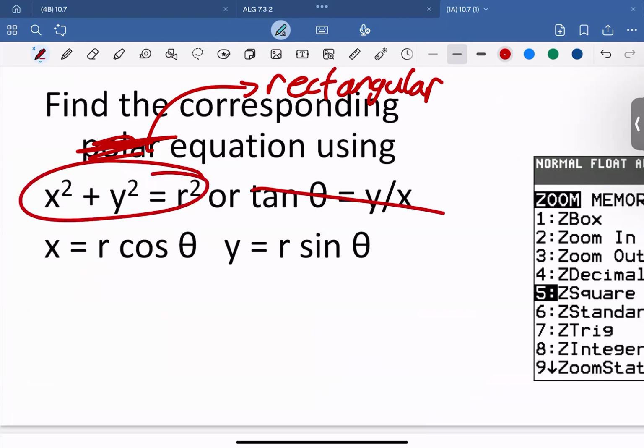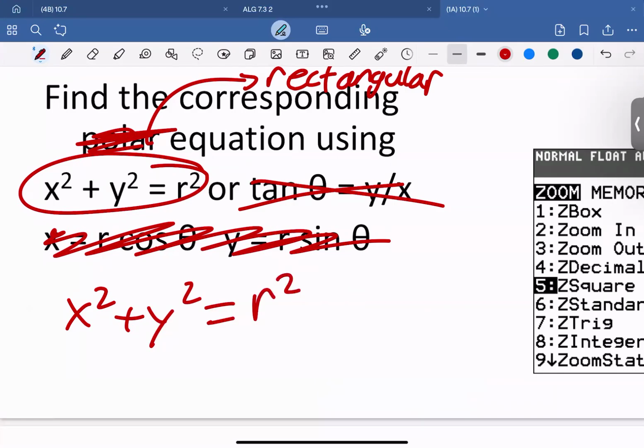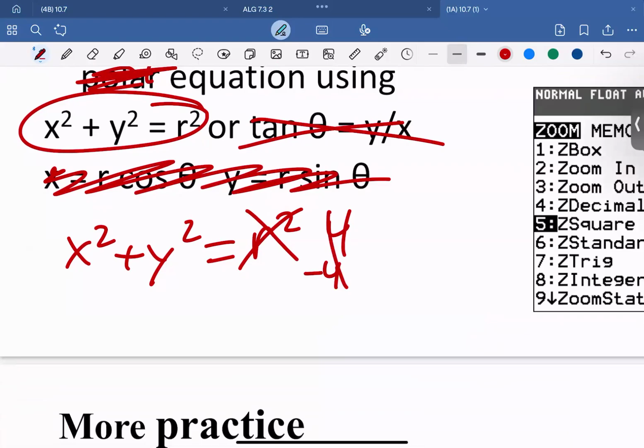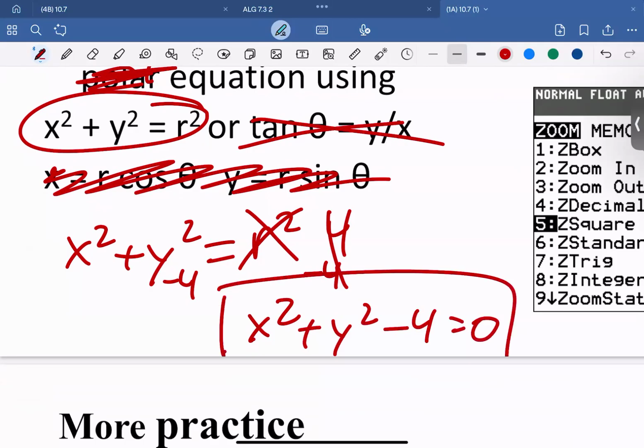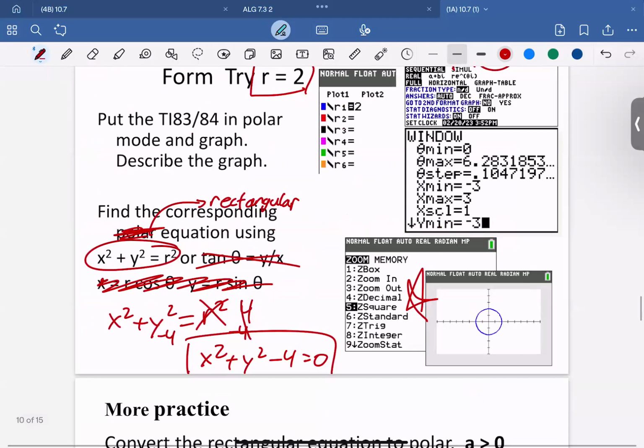These bottom two wouldn't be super helpful, and tangent's not going to be that helpful either because we don't have our theta. But look at this, x squared plus y squared equals r squared. Let's plug in r squared, which gives us 4. And then if we move this over here, we end up with an equation for our circle. Wow, look at that connection. Yay. Conics.